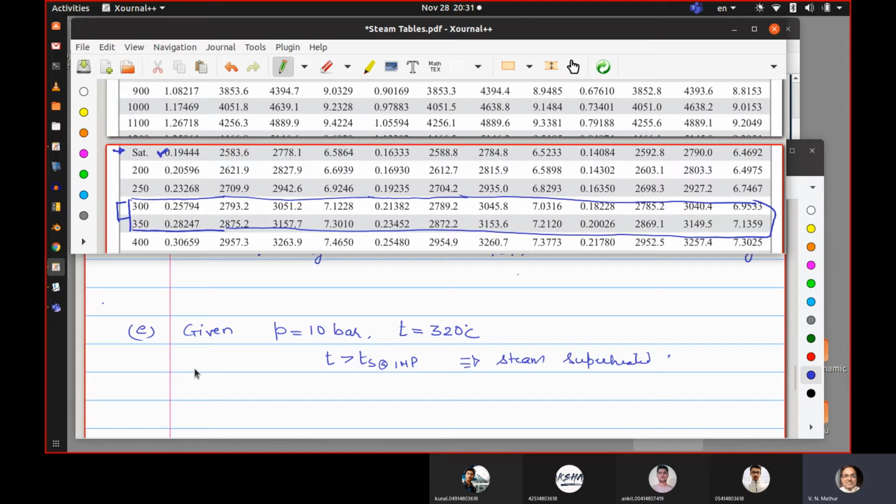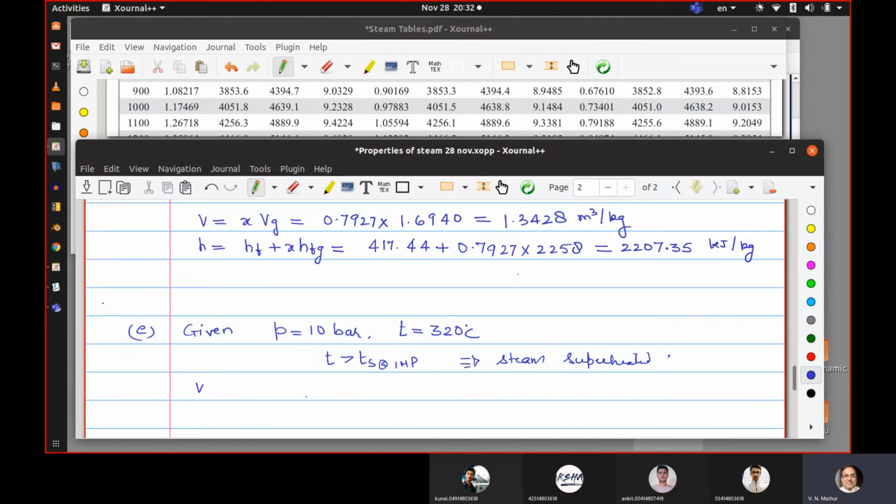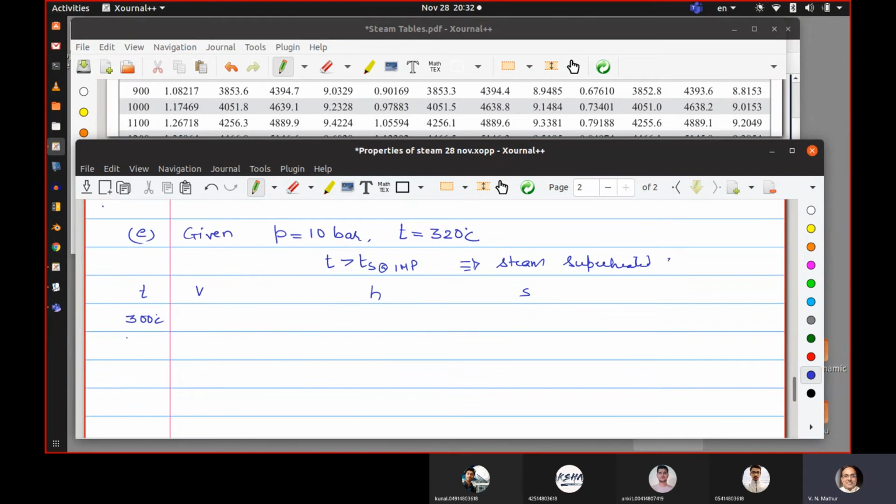So let us first write all the values first and then we'll find out. We should write here volume and enthalpy and entropy, and temperature equal to 300 degrees centigrade and temperature equal to 320 degrees centigrade.